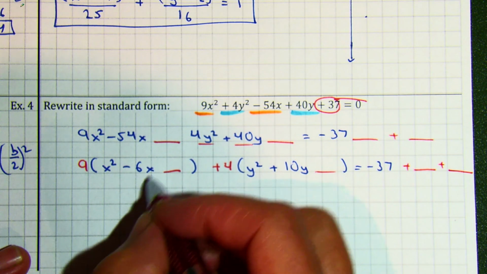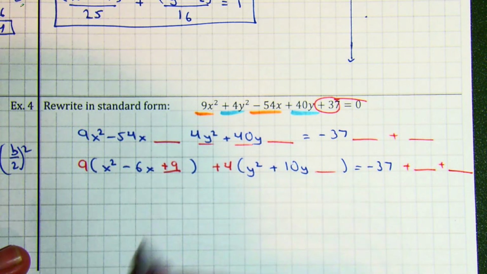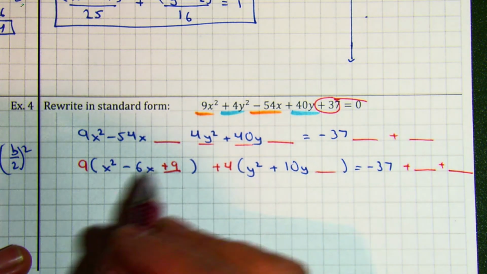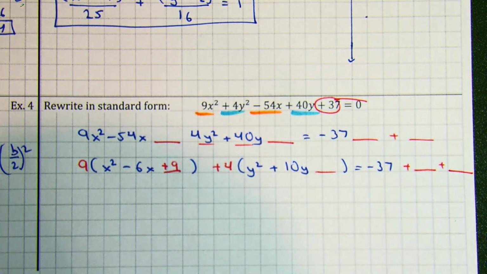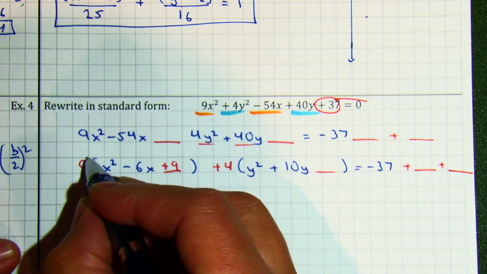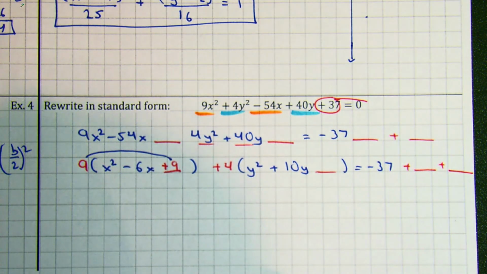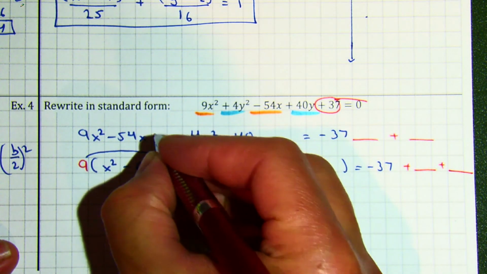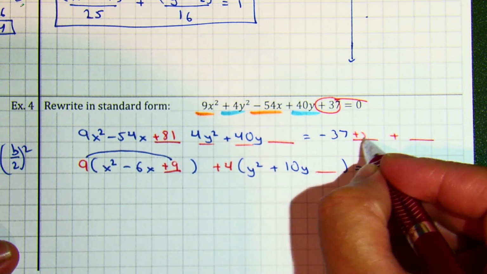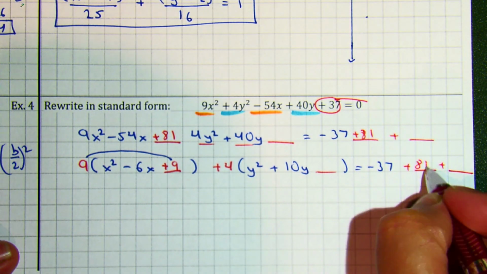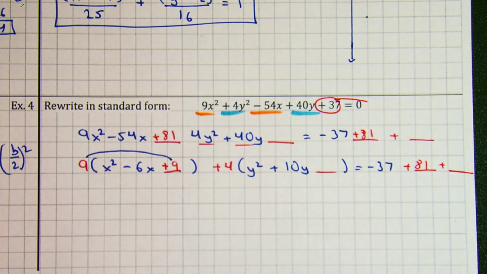Negative 3. Square is positive 9. And what I do on one side, I need to do to the other side, but I'm not adding 9, because this 9 is being multiplied by the 9, so therefore that should be 81. And what's on one side, it needs to be on the other side. So we actually are adding 81.